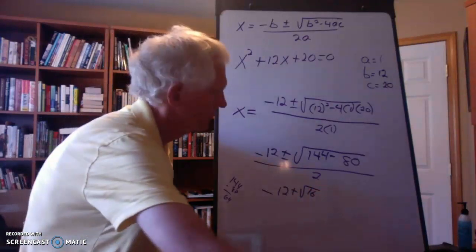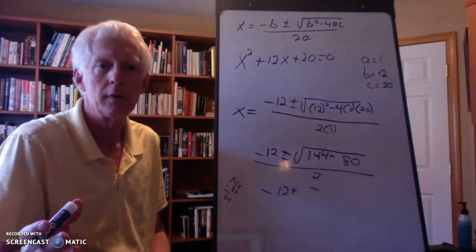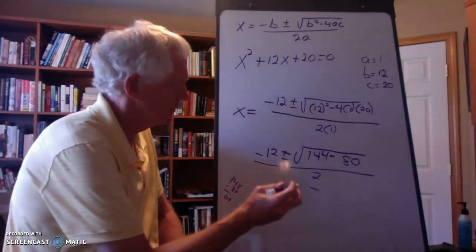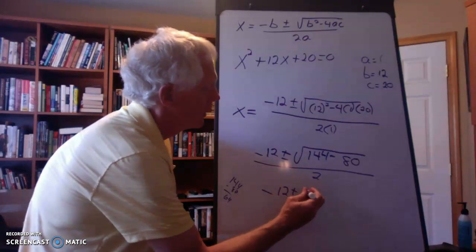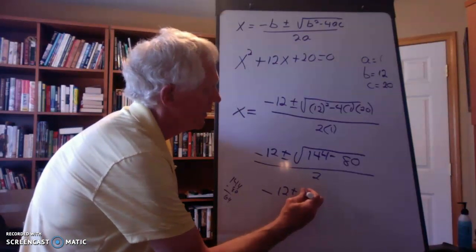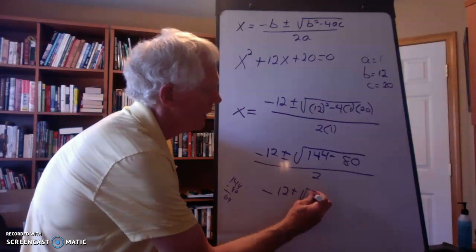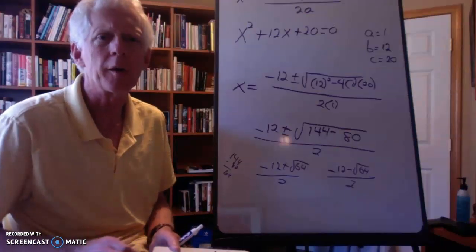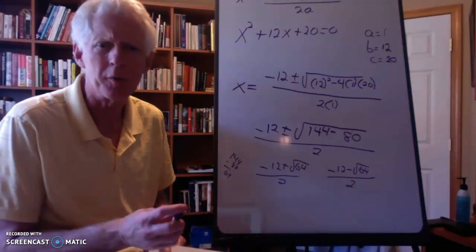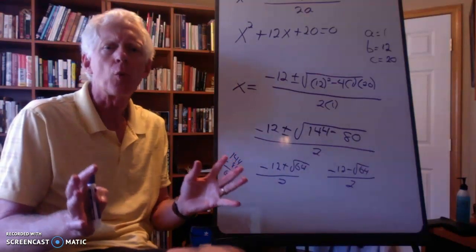Wait, what is the square root of 64? 8. I'm running out of room. So the square root of 64 is 8.